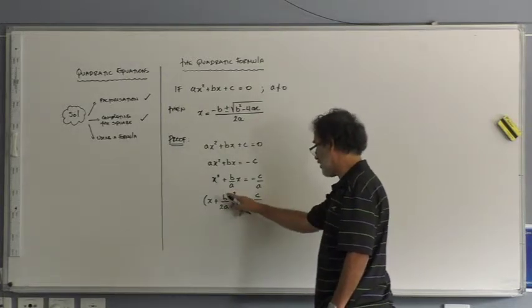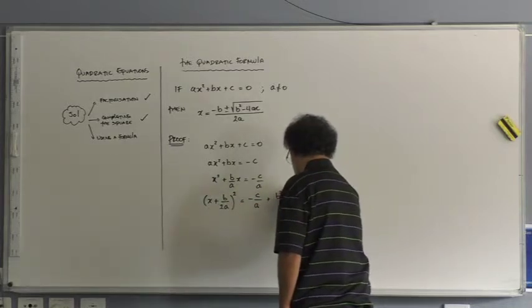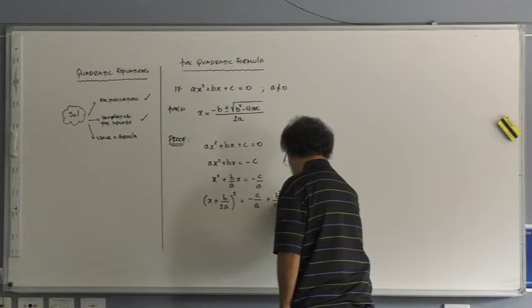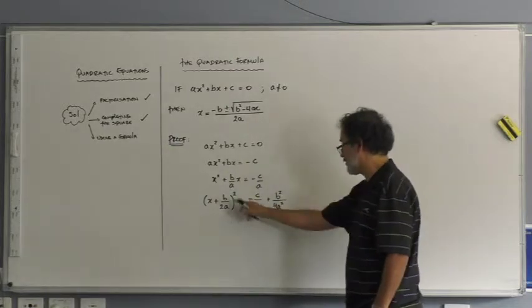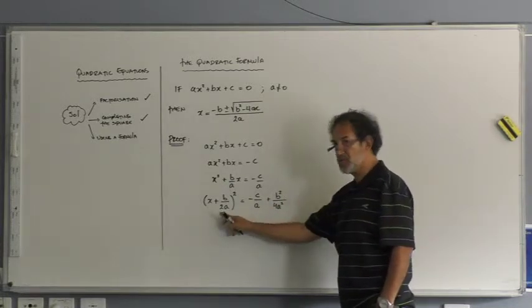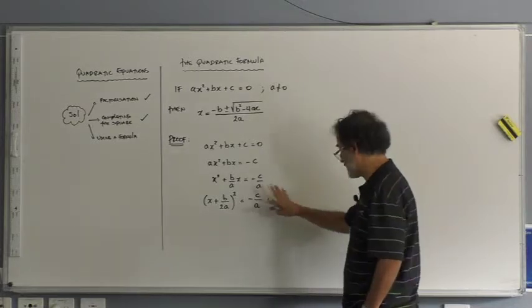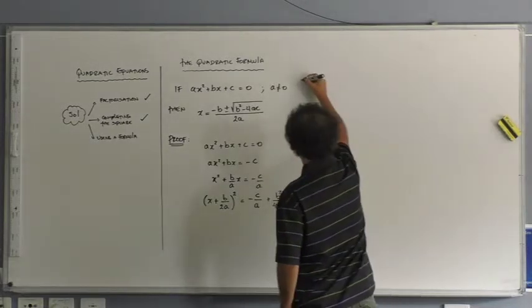The square of b over 2a is going to be equal to b squared over 4a squared. All I did is just square the b, that will give you b squared, and then I squared 2a, and the answer is 4a squared. All right, that's it. I'm going to continue here.